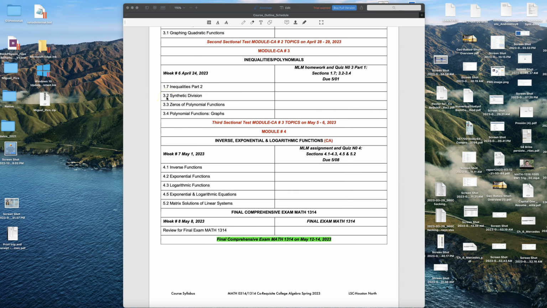Again, the third sectional test will be available this coming Friday, May 5, and is going to be only about section 1.7 and section 3.2 for module 3 of college algebra, which is about a second portion of inequalities and something you are going to use extensively in the rest of the course, that is synthetic division.